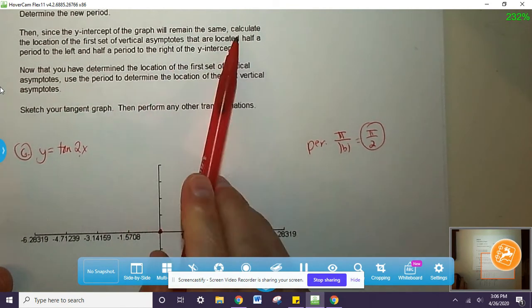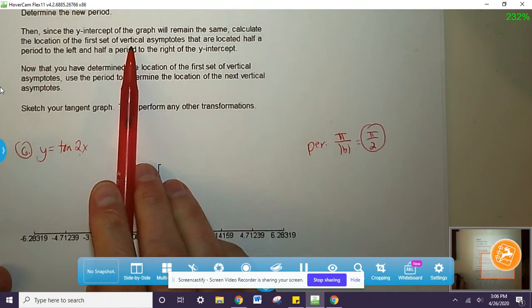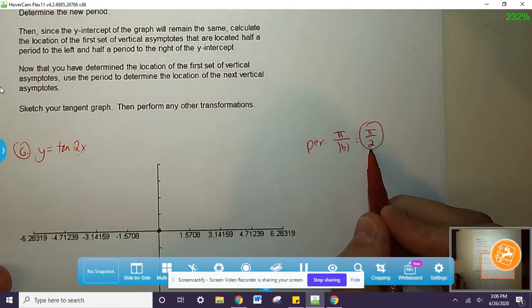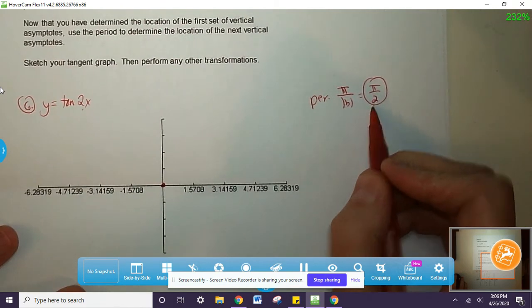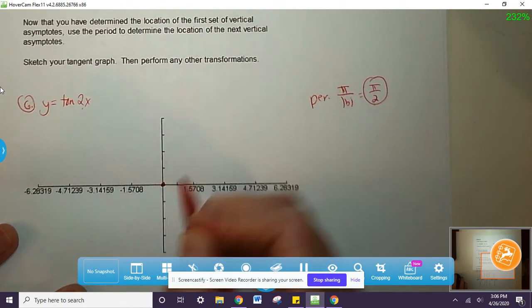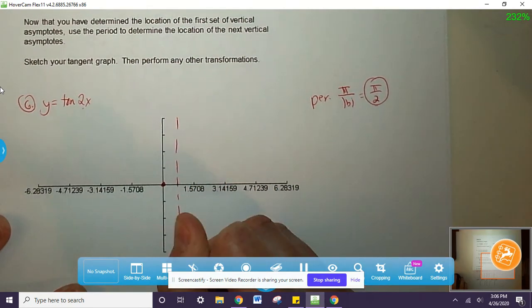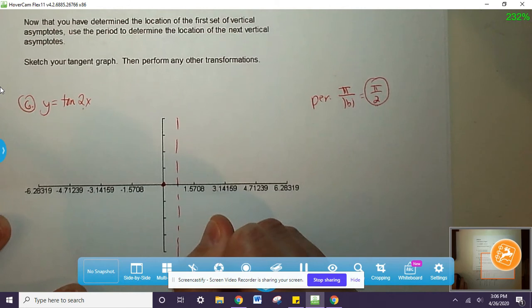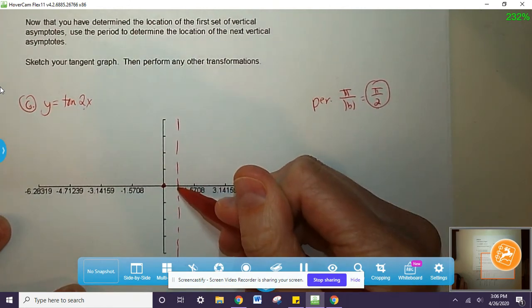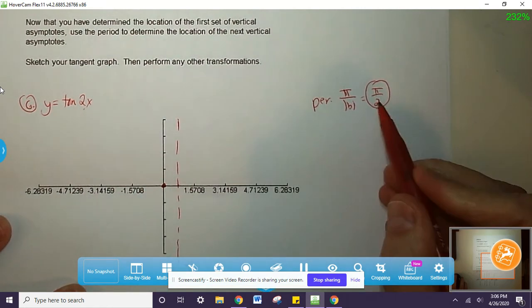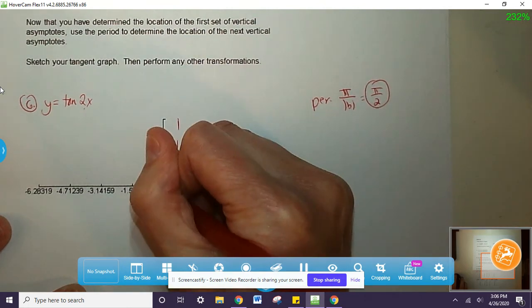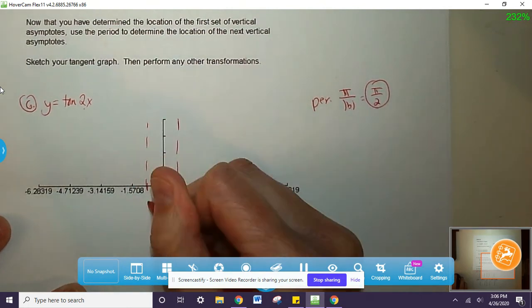What I do first is I calculate the location of the first set of vertical asymptotes. They're going to be half a period to the right and half a period to the left. So if the period is pi over 2, if I go half a period to the right, so half of pi over 2 is pi over 4. That's my first vertical asymptote. And then if I go half a period to the left, so half of pi over 2 is pi over 4. So I'm going to go that distance to the left.